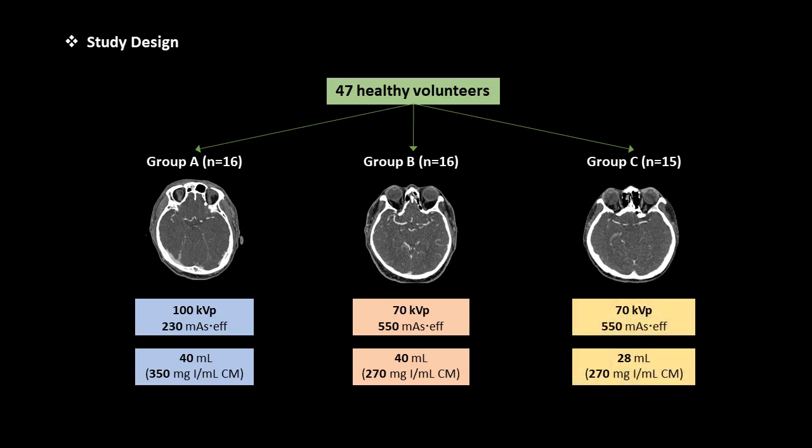Group C, designed for further reduced iodine load, which is ultra low iodine dose, and 70 kVp protocol, was administered only 28 ml of 270 mg iodine per milliliter contrast, resulting in total 7.6 gram.